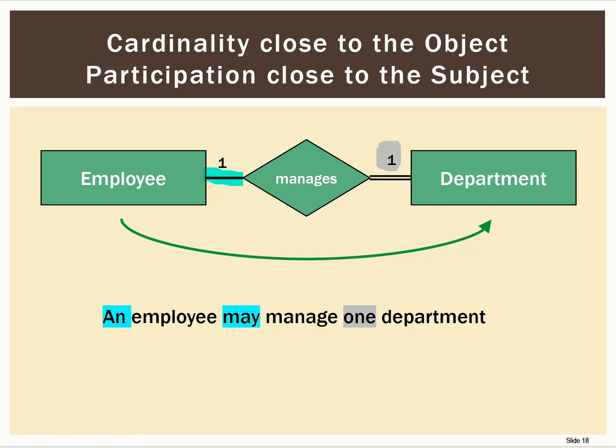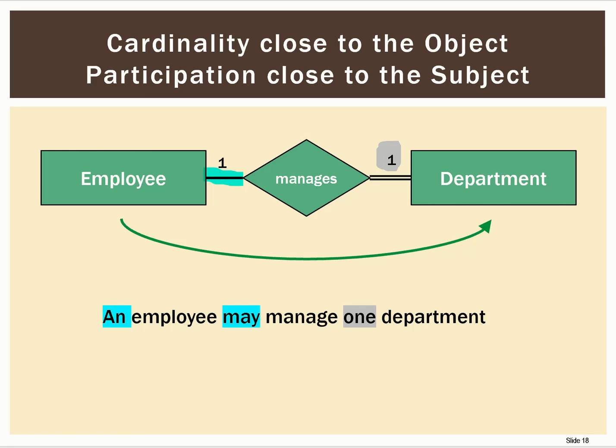The fact that we said an employee may manage comes from the participation, the single line closest to the subject. That's the participation. And the fact that an employee may manage one department, that one is coming from the cardinality closest to the object. And so you can see what this looks like.